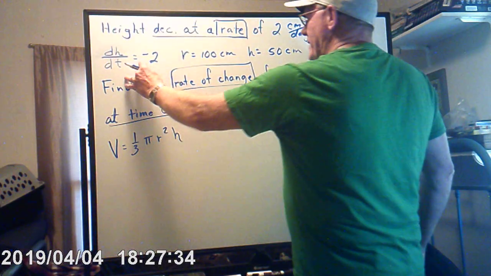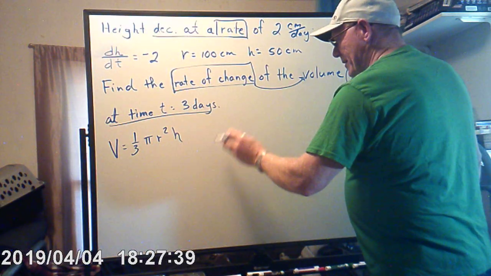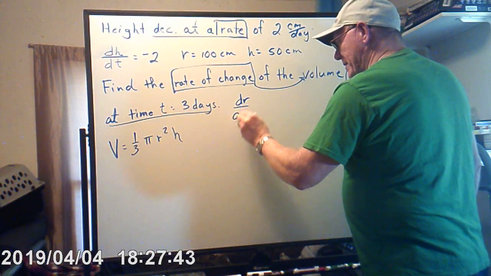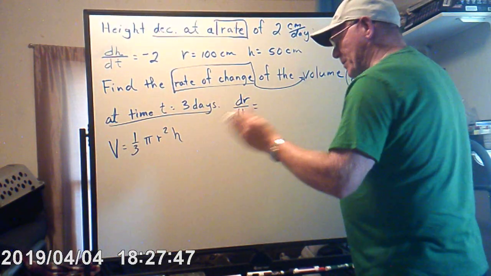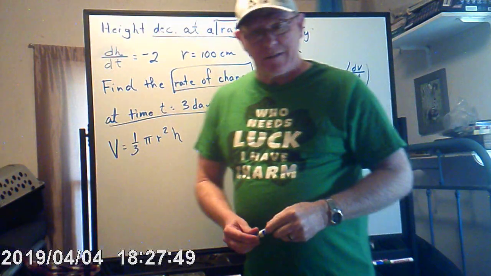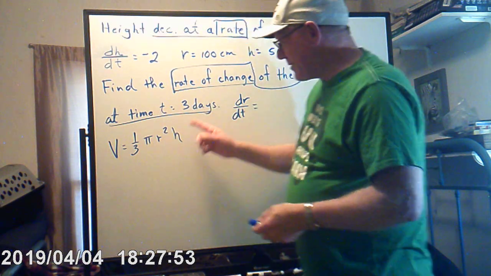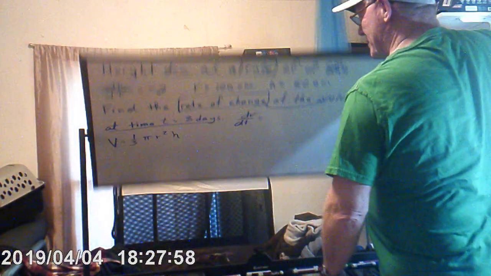We've got dH over dt. Oh yeah, so dr over dt. And what we got to do is, in this particular case, this is where it really gets, you have to pay attention to this. This after 3 days, or at 3 days, because you have a table.